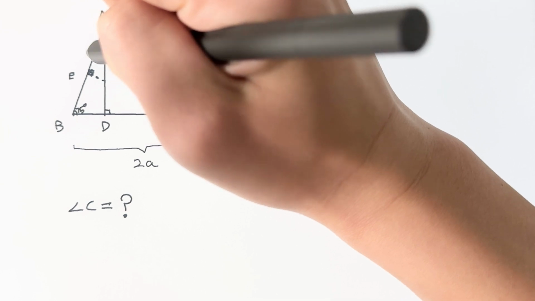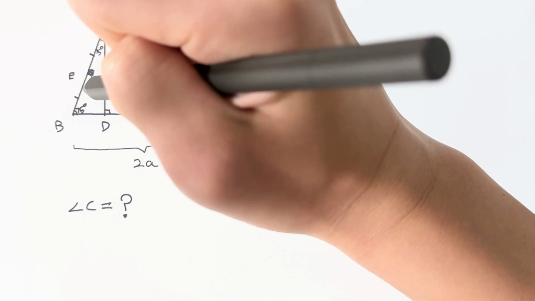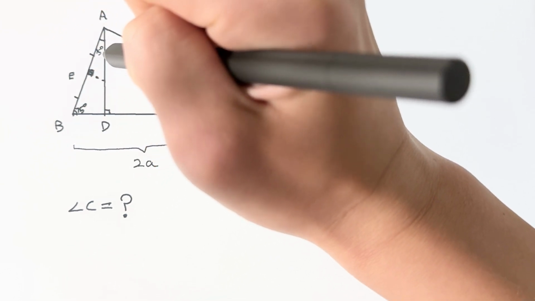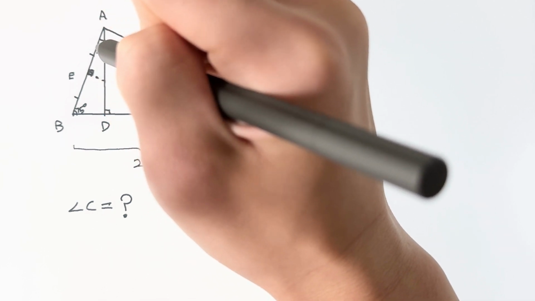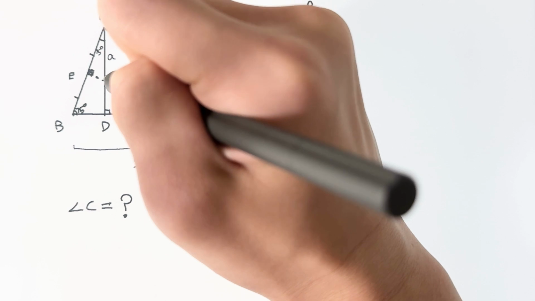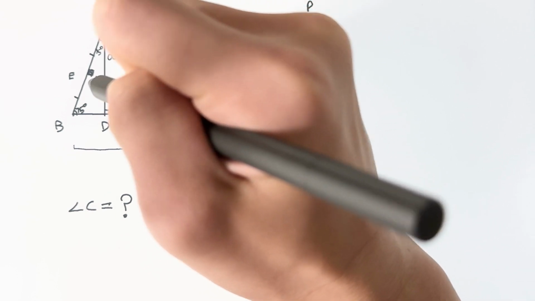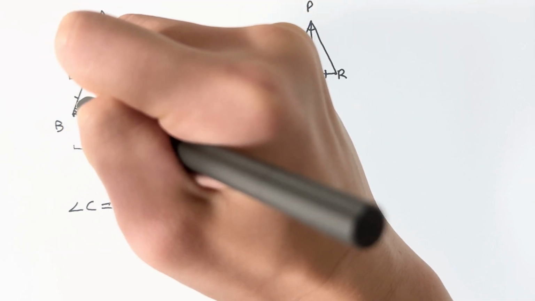So AE will equal BE. Then we can call the point where the perpendicular bisector intersects AD as F. Then we can connect BF.